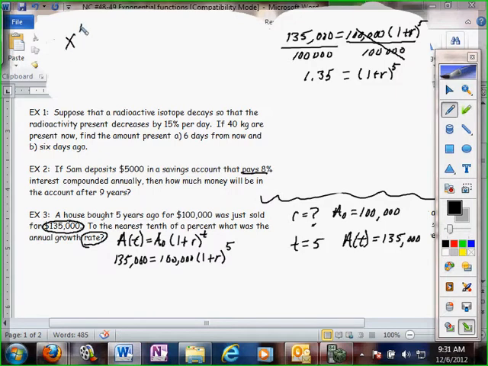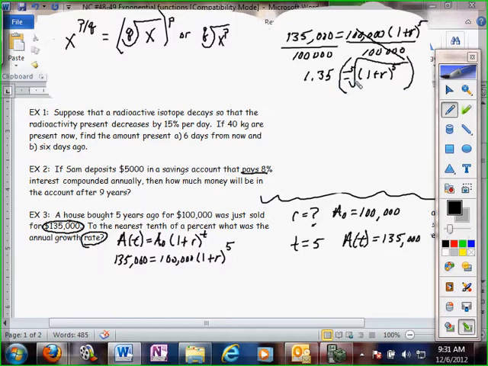Any number x to the power of P over Q is equal to the Q root of x to the power of P. I want to use this information. You should be able to see right here that 1 plus r is one number, because this is all being raised to the power of 5. If I want to take the fifth root here to make that power of 5 go away, if I write it like this, Q is 5 and P is 1.